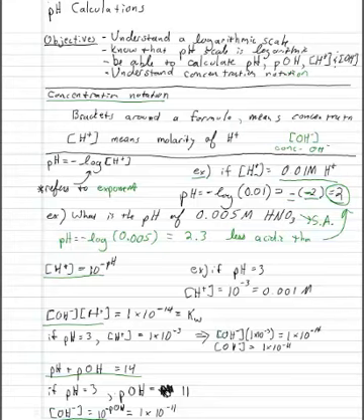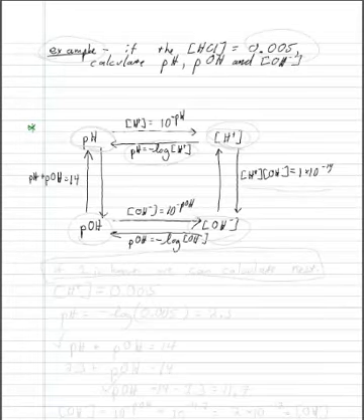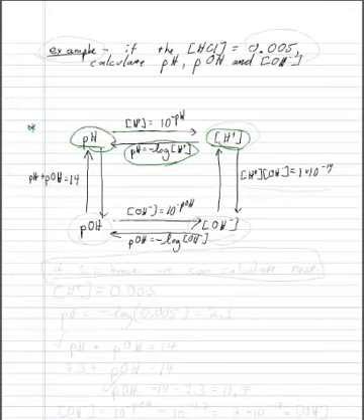Moving forward, I have a little graphic organizer on the second page here. And this just outlines all the processes and shows how everything's connected. So if you know the hydrogen ion concentration, you can use this formula here to calculate the pH. Or if you want to calculate the concentration of hydrogen ions, you can use the pH to calculate that using these formulas.